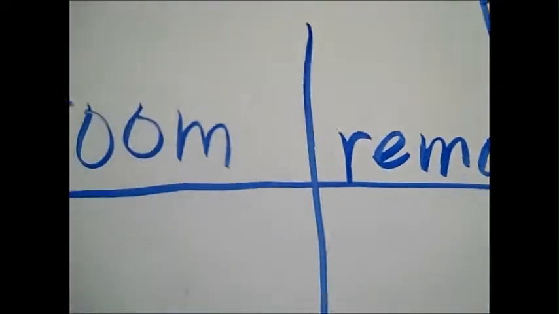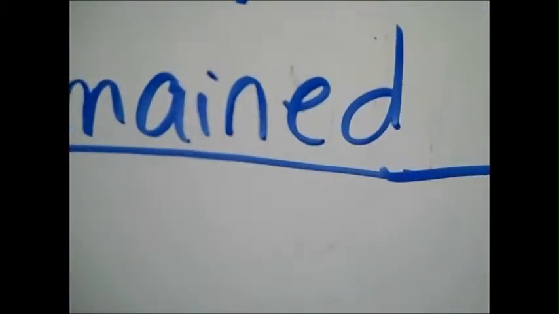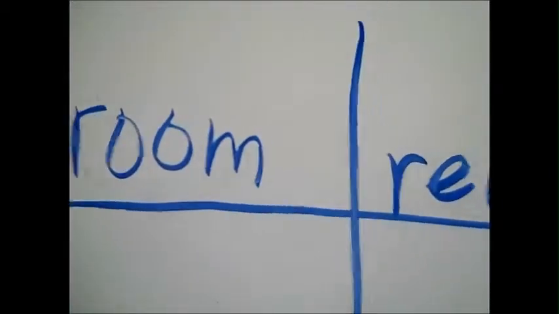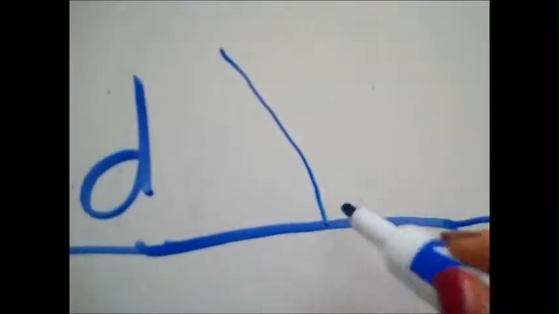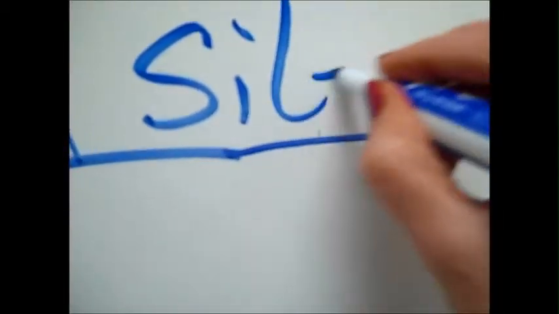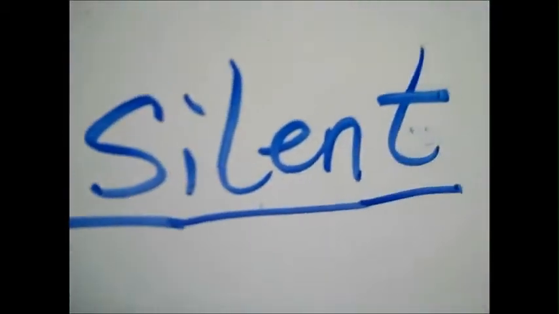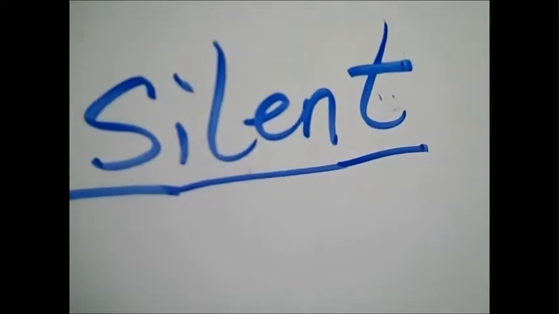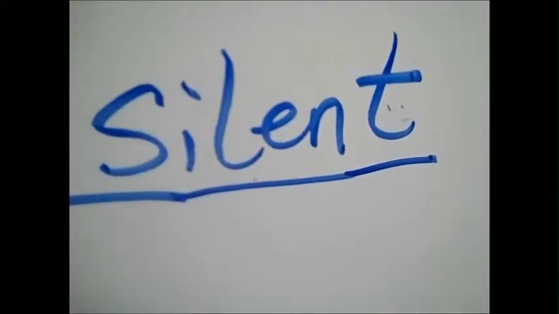Now, how it remained, that's telling us more about the room. We use our slanted line to show predicate adjective. We've put silent. We have our article that acts as an adjective modifying room.